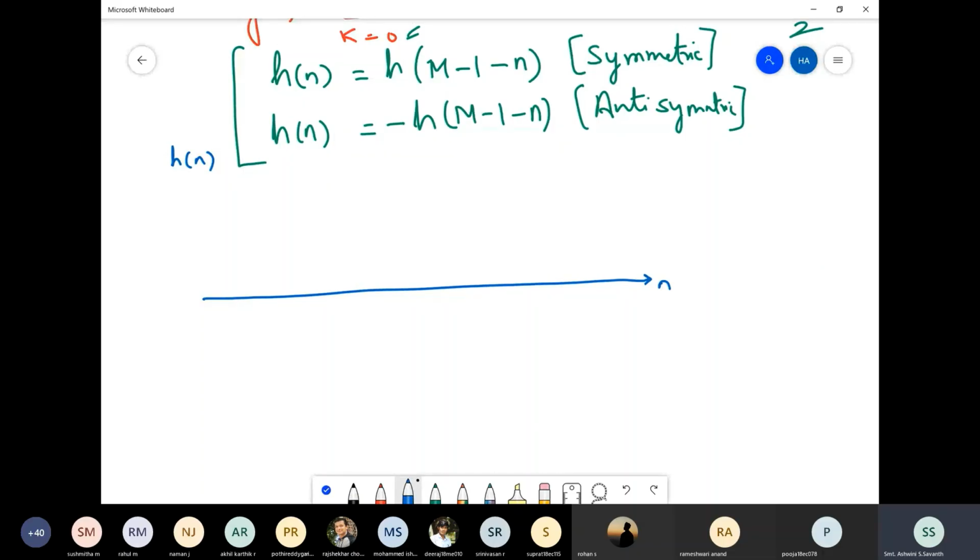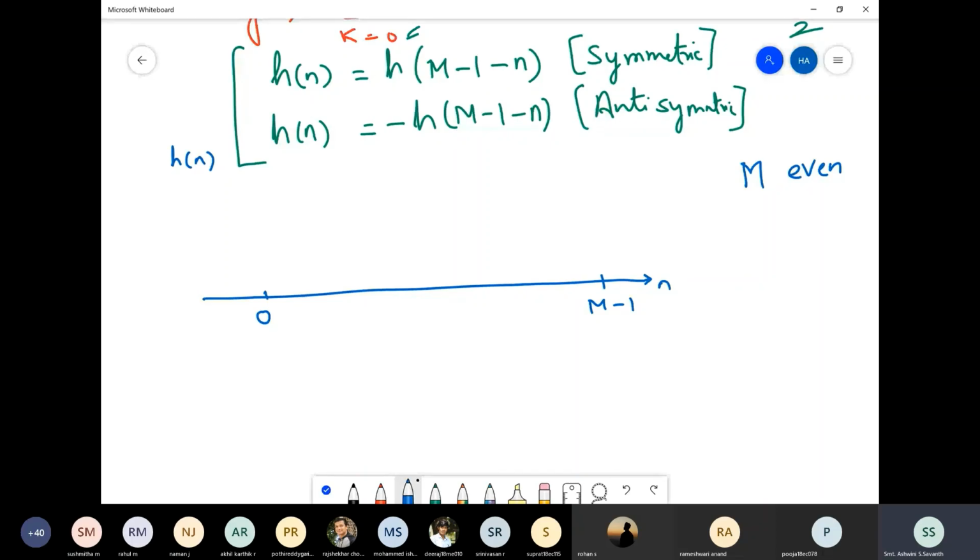That possibility is there, right? If M is even, there are an even number of samples in your h of n. Then how does the signal look? That's what I'm trying to draw. The first sample is at 0, the last sample is M minus 1, so we have a total of M samples in the impulse response of this filter.